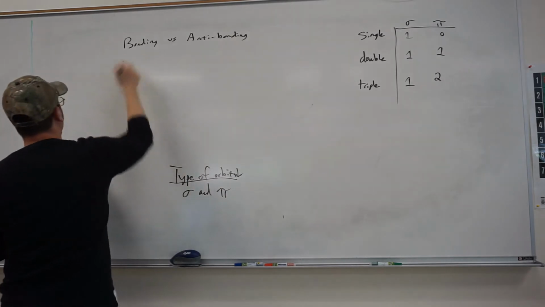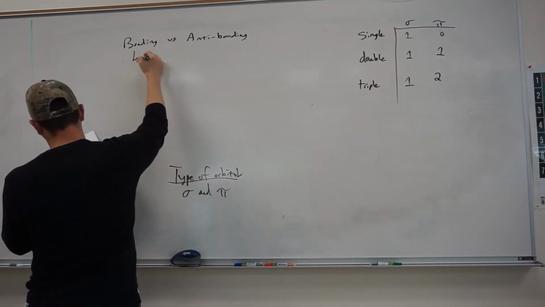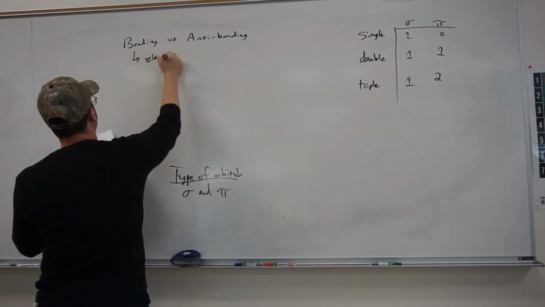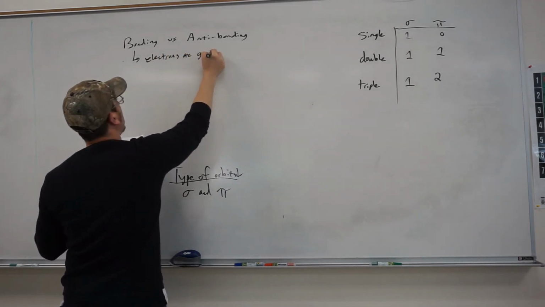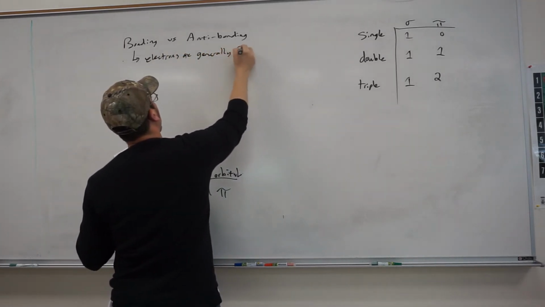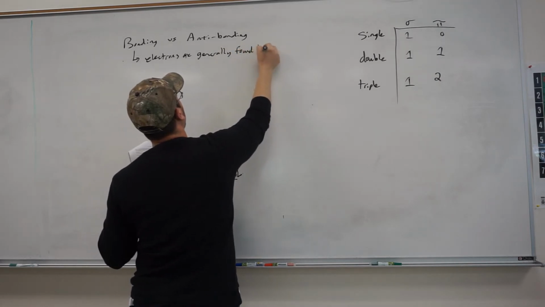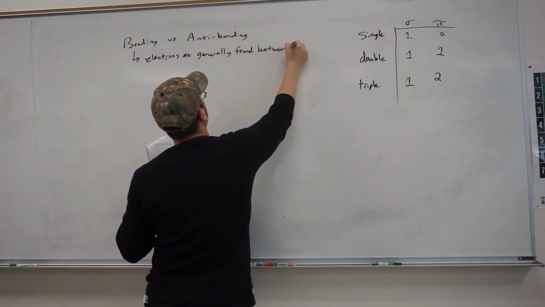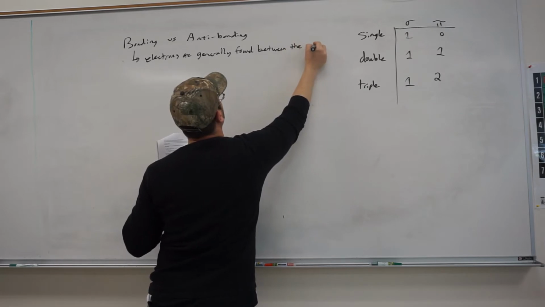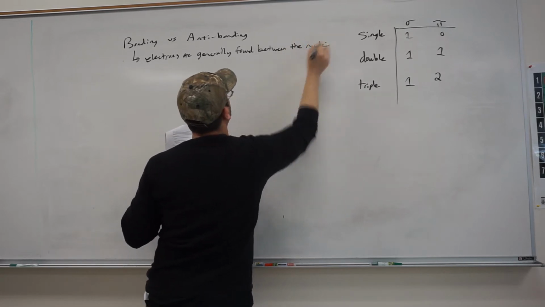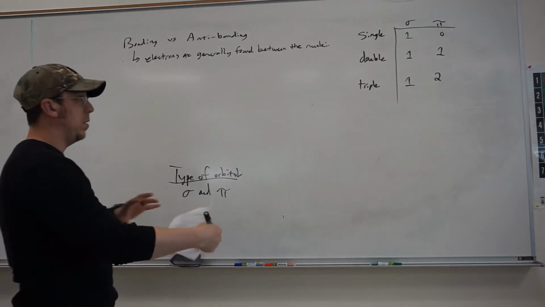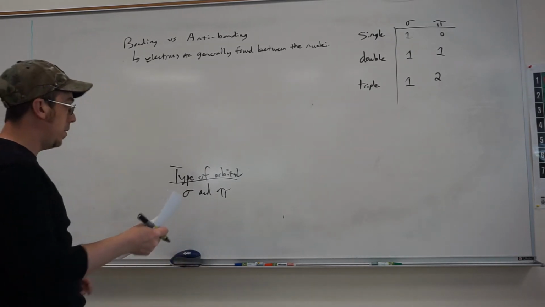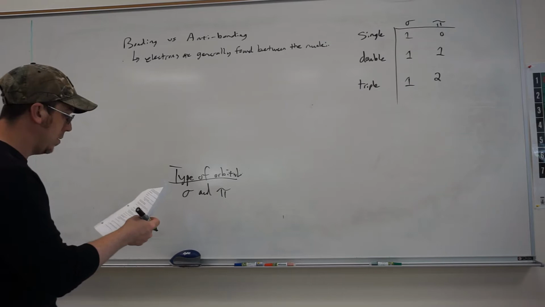Bonding orbitals are where the electrons are generally found between the nuclei. Just like we saw in hybridization, the electrons are in between the 2 nuclei of the atoms.